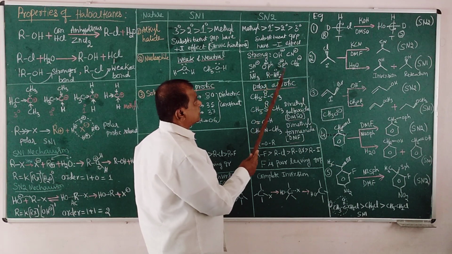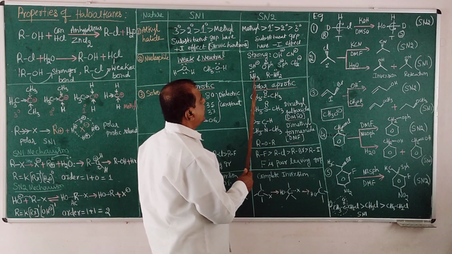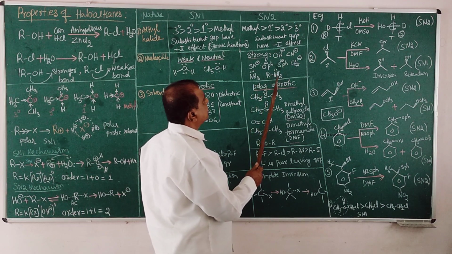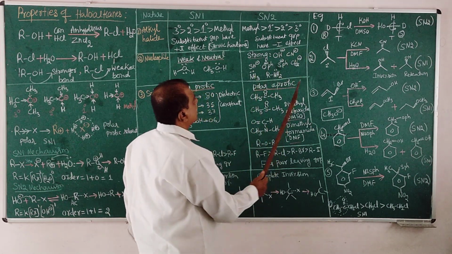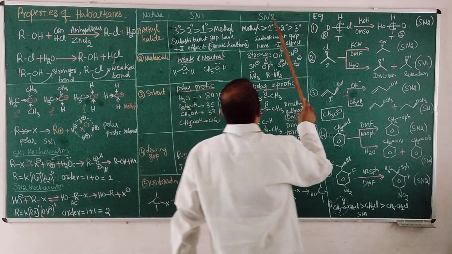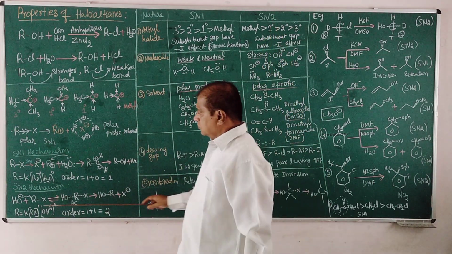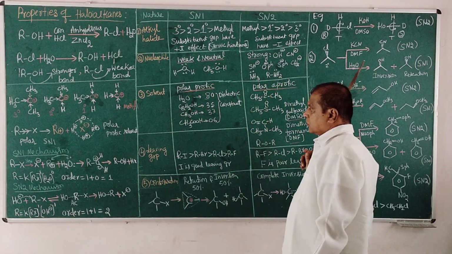S is the same like this. CH2 minus, ammonia and amines, which are neutral, and these are ionic. These are strong nucleophiles. These nucleophiles can favor the SN2 mechanism.